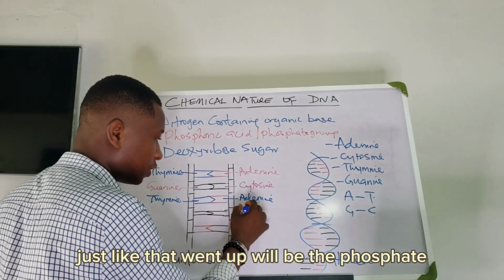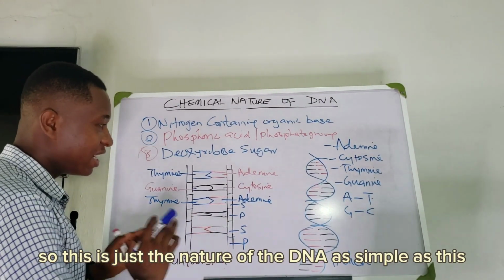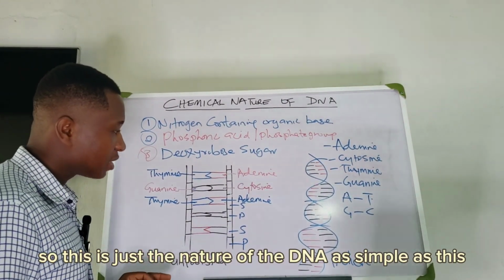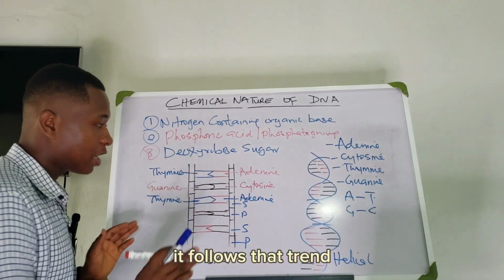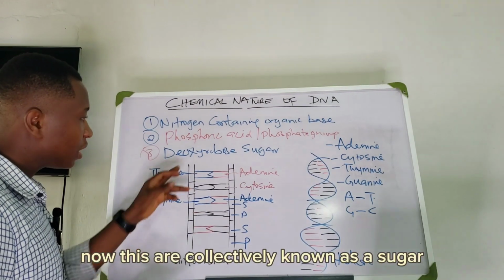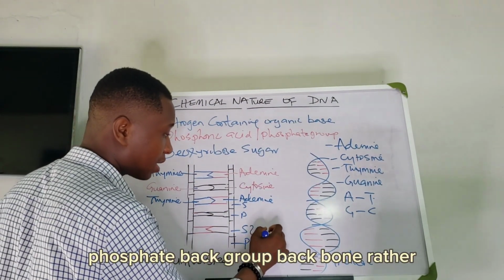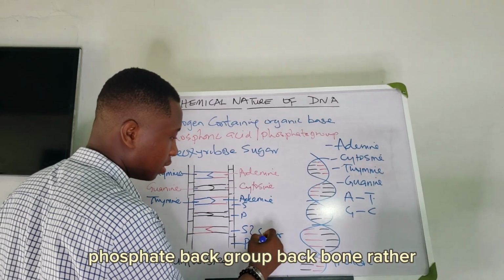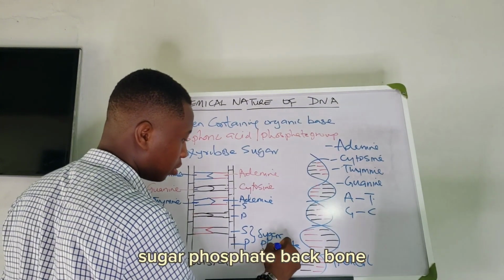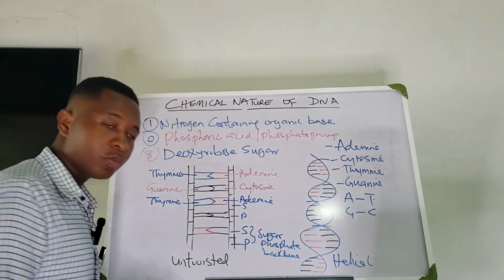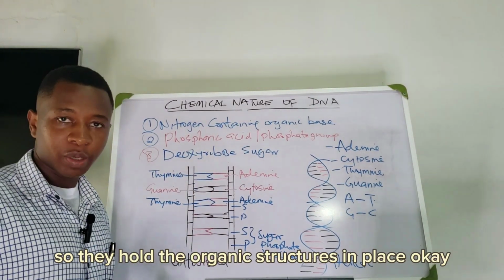Going up will be the phosphate, and this will be the sugar. Okay, so this is just the nature of the DNA, as simple as this. It follows that trend. Now these are collectively known as the sugar phosphate backbone. All right, so they hold the organic structures in place.